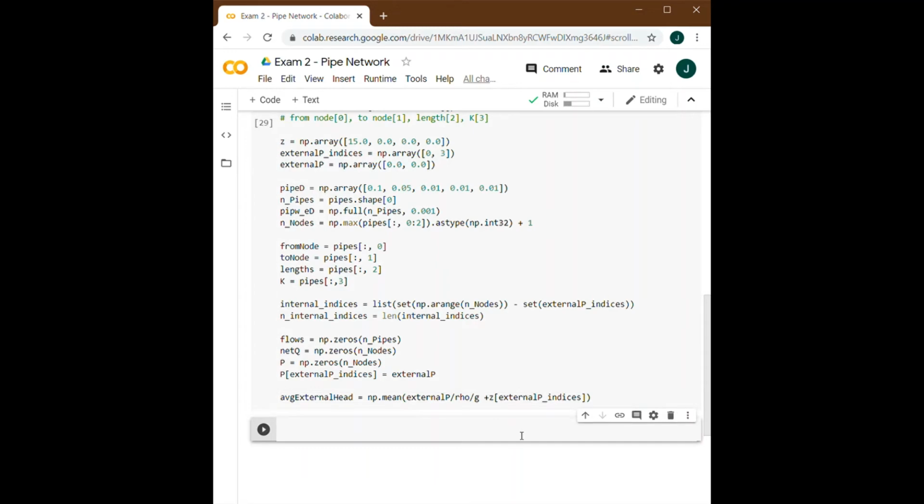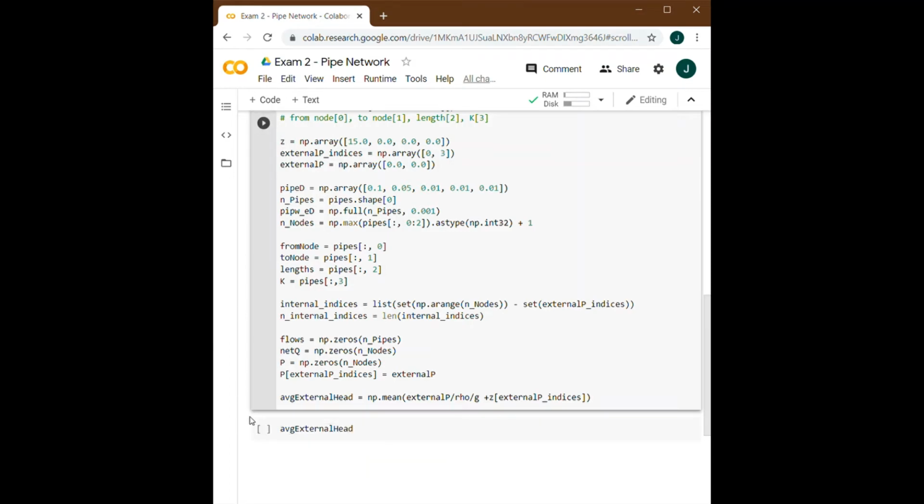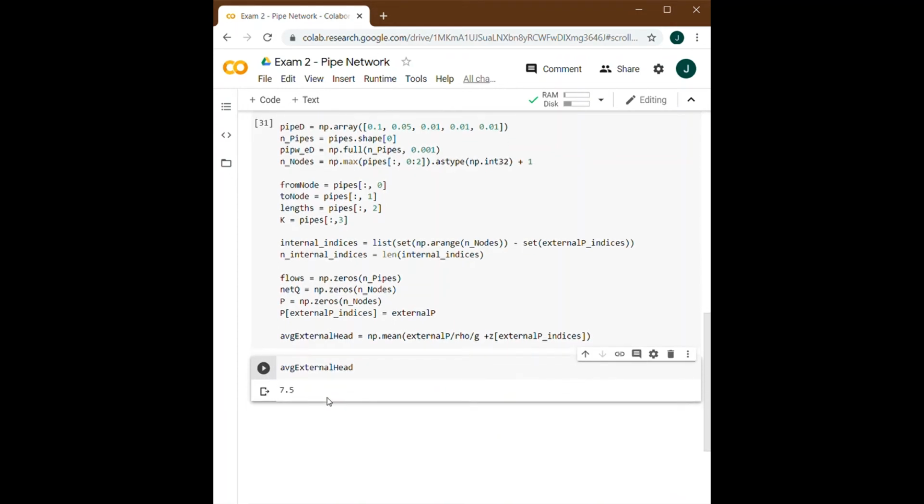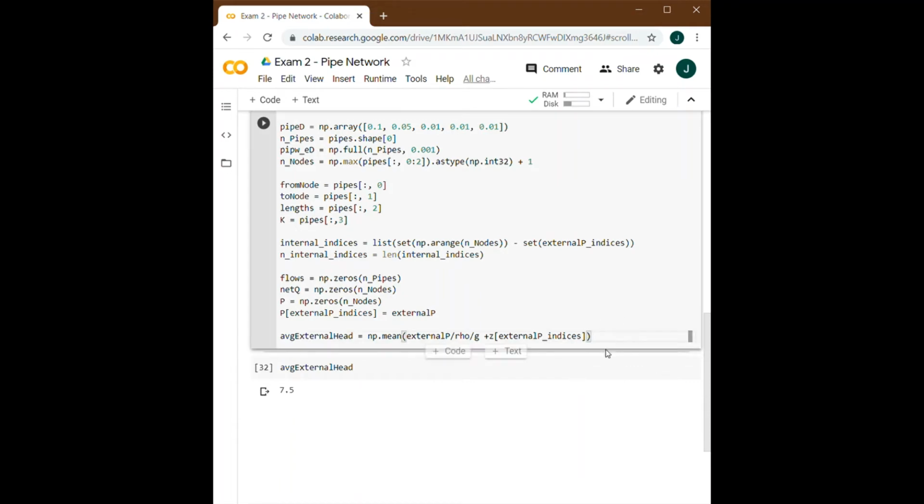So, running this code again, we see our average is 7.5. And that will work for our purposes.